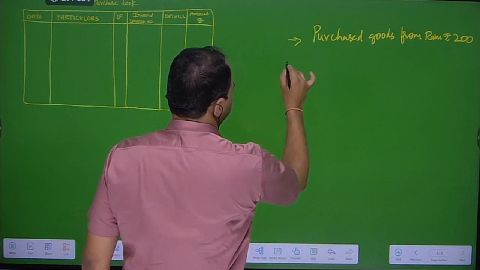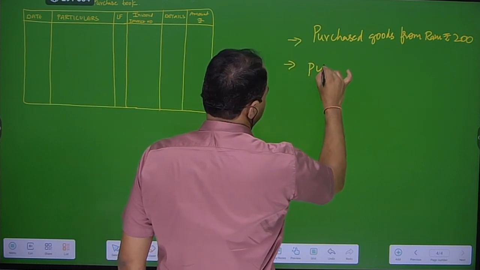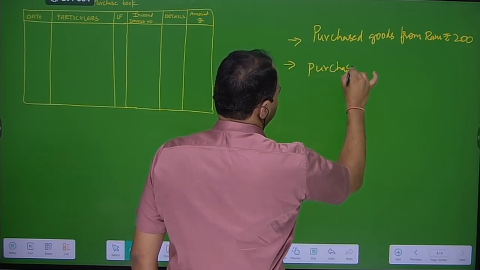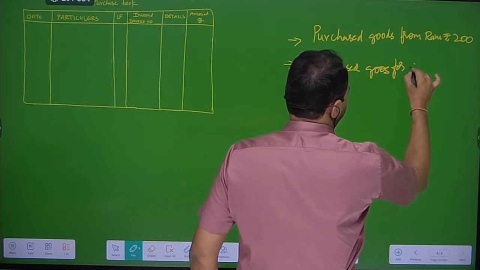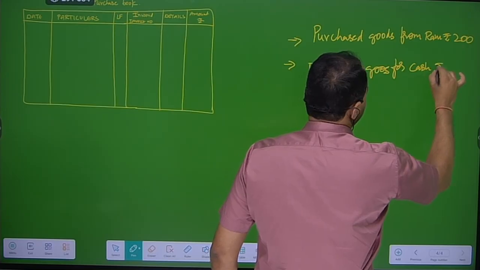One more question I will write here. Purchased goods for cash, rupees 500.